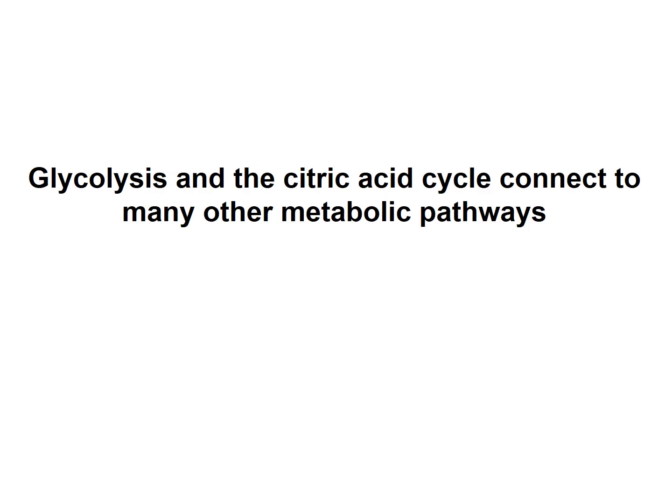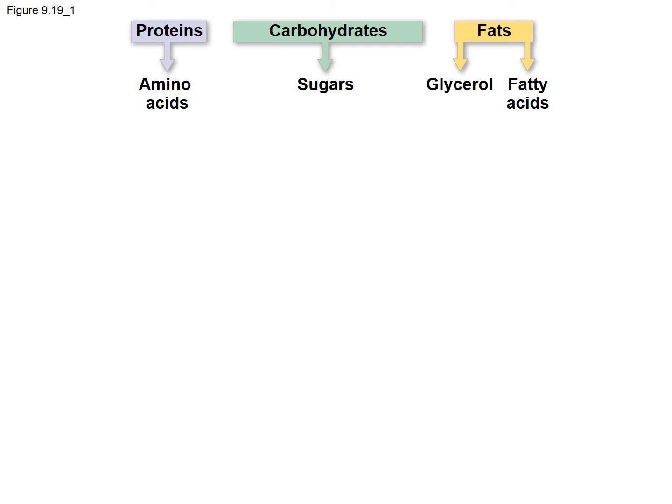Now, let's talk about the crosstalk that I was talking about. So, glycolysis and the citric acid cycle allow other pathways to be connected to it, okay, and connected with each other. So remember, we eat carbohydrates, right? So those will be broken down into simple sugars and then further broken down, right, into components and eventually ATP.